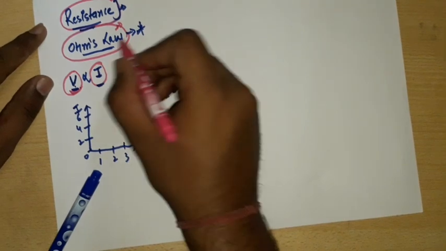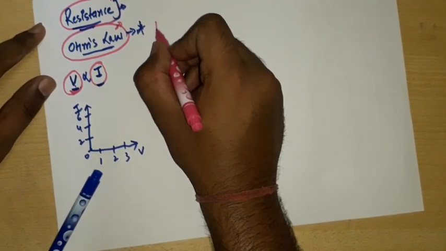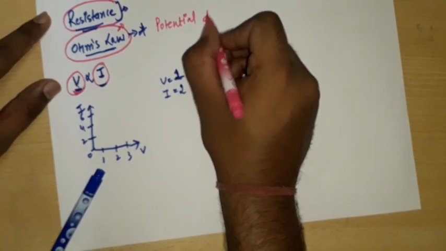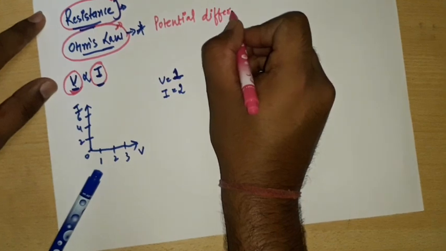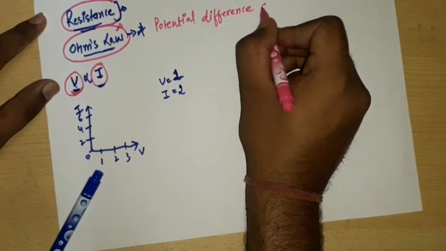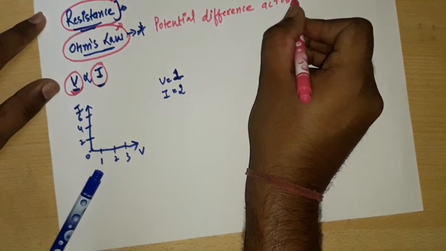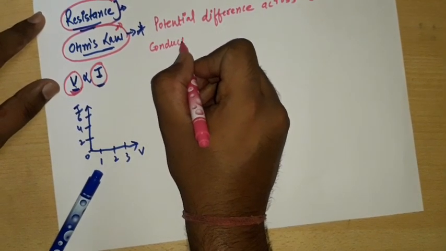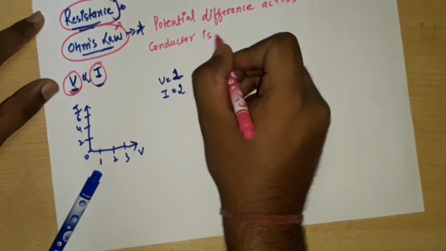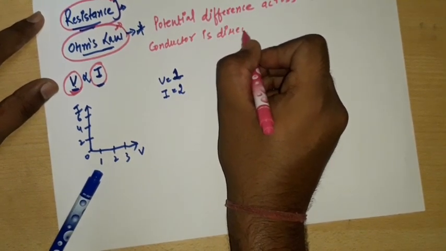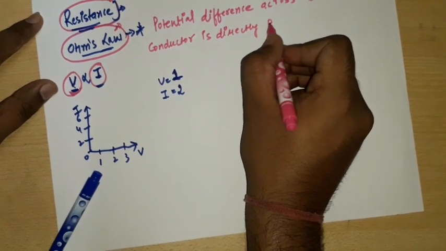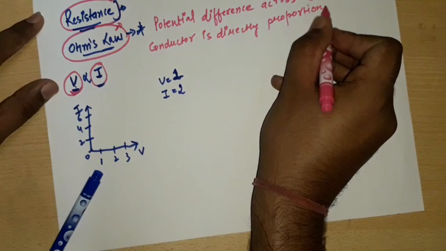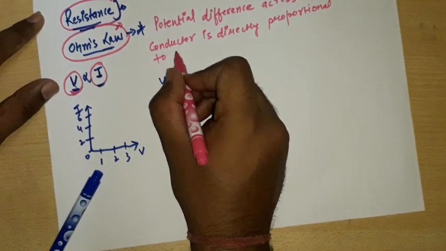What does Ohm's law state? That the potential difference across a conductor is directly proportional to the current flowing through it.